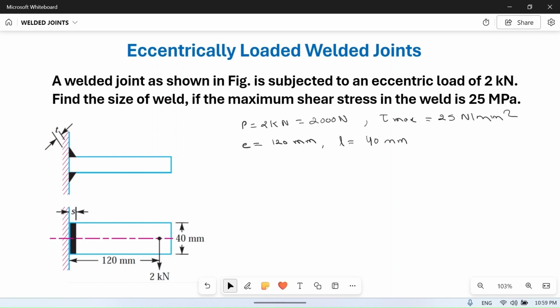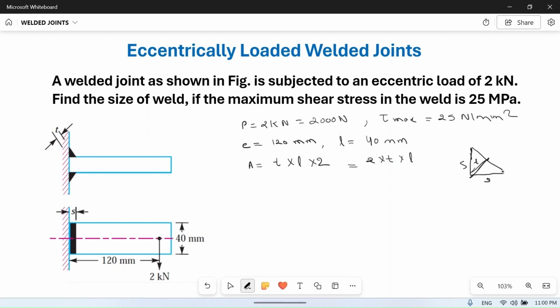Now what will be the area of the weld? Area of the weld is equal to throat thickness into length of weld, into 2, because welding is on both sides. So it will be 2 into T into L. Now this is the size of the weld S, and this is T, the throat thickness.